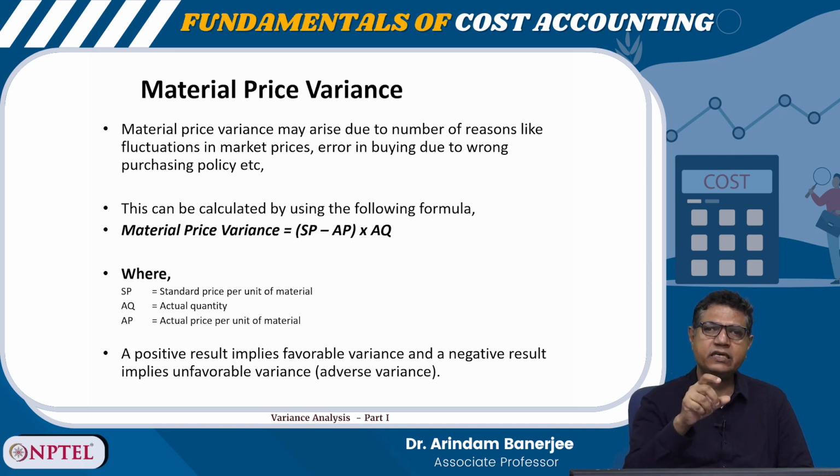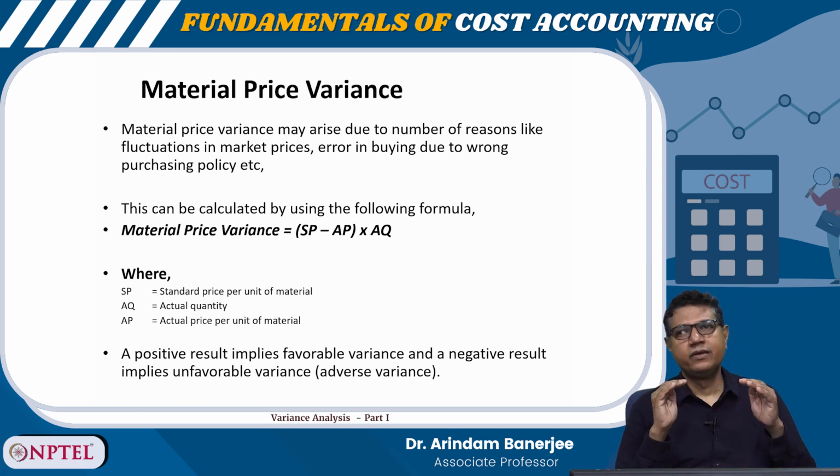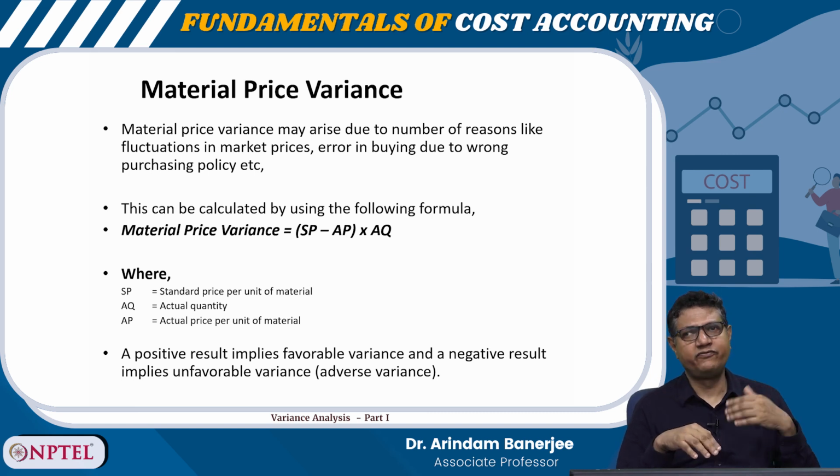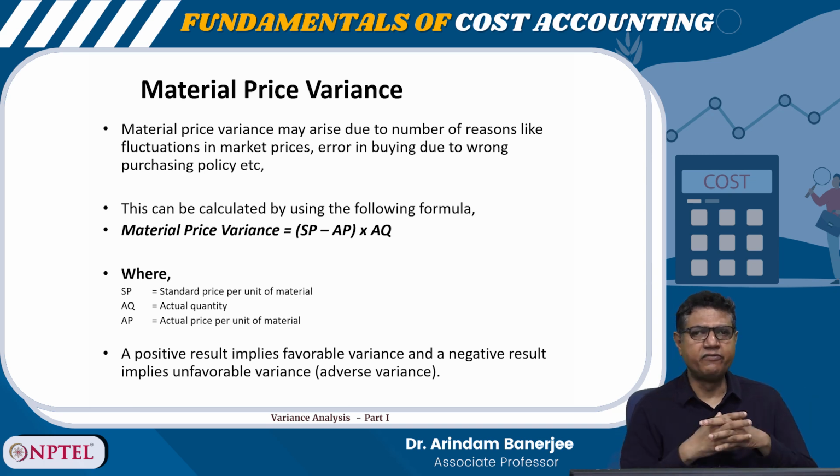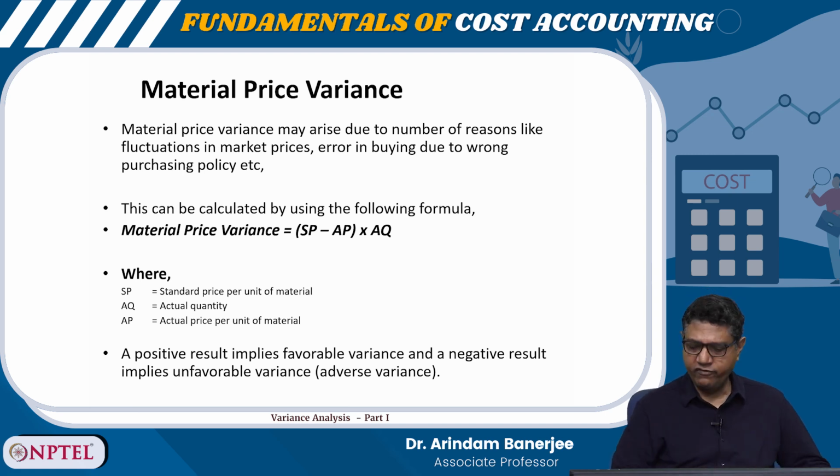A positive result implies a favorable variance. As I said, if my actual price is lower than the standard price, it is favorable. I am saving money, so it is favorable. Otherwise, it is unfavorable. A negative result implies unfavorable variance, which is also called adverse variance.